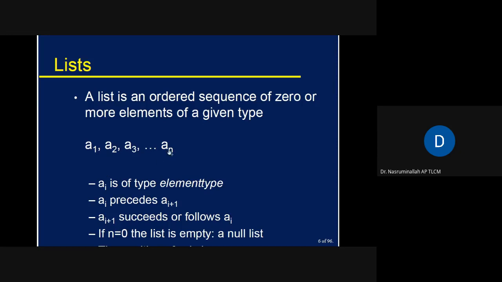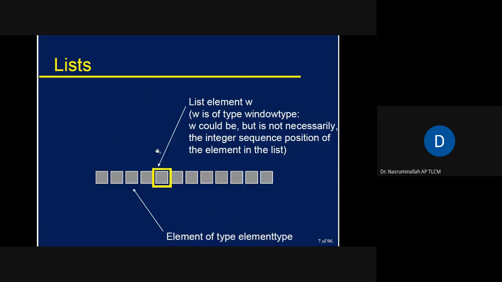However, if this n is equal to 0, it means that the list is empty. So this is just the basic implementation. Conceptually, you can also visualize the list in the form of a row of squares, where each square represents an element in the list.